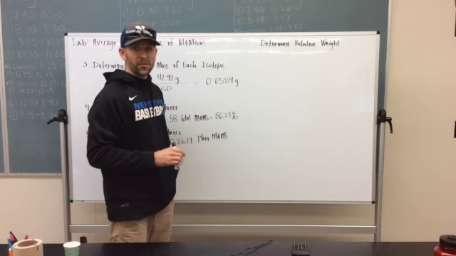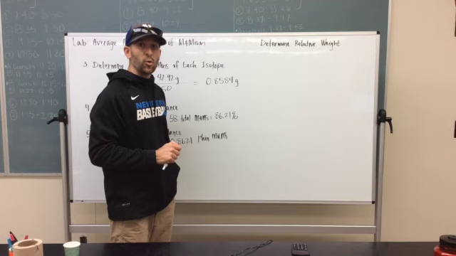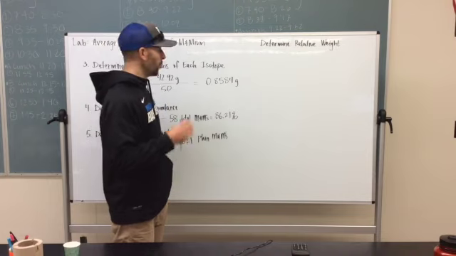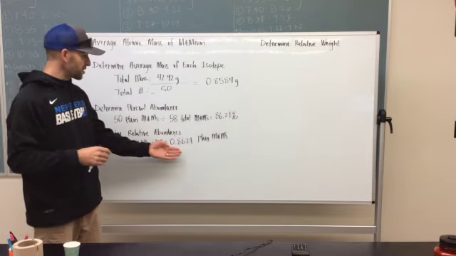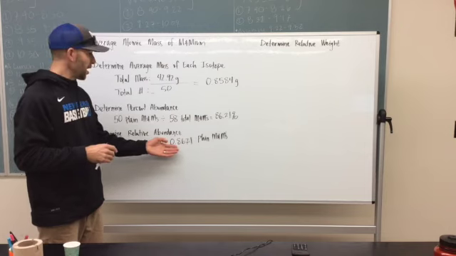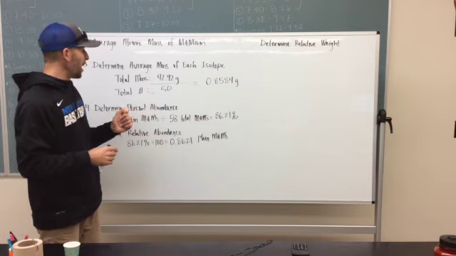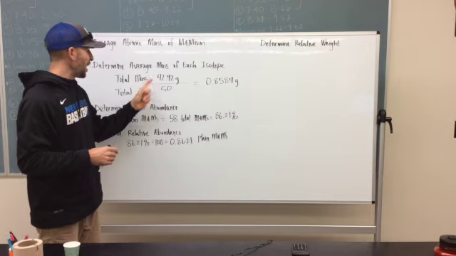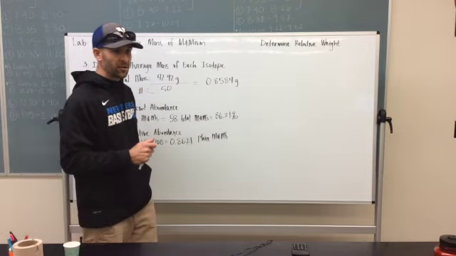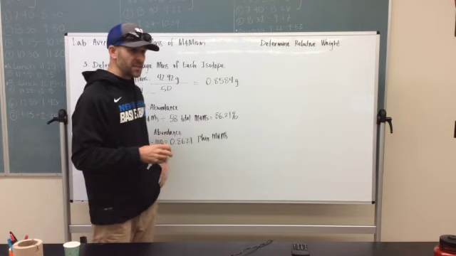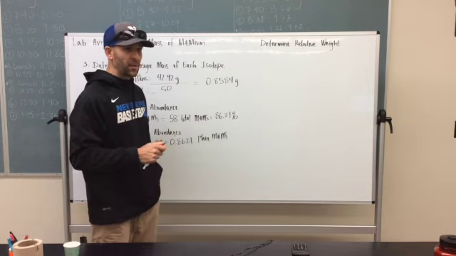In step number 6 of the procedure, you will be determining the relative weight of each particular isotope. In order to do this, you're going to take the relative abundance of the isotope and then multiply it by the average mass of that particular isotope. So let's see our calculation for plain M&Ms.